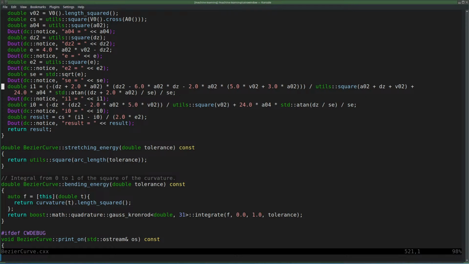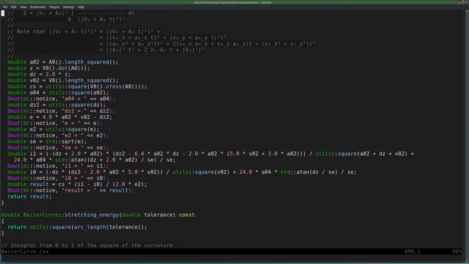Did I now lose my formula? Because I have this, but I used to have the actual integral.